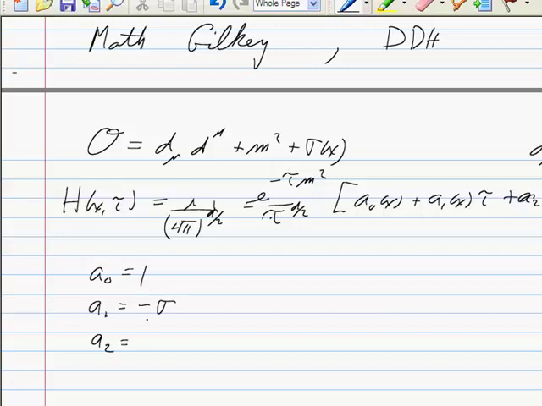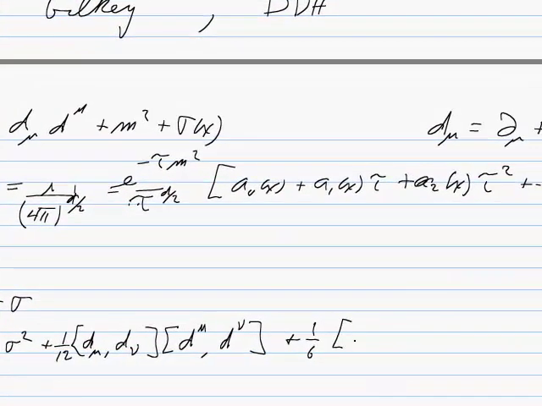a2 is 1/2 sigma squared plus 1/12 D mu commuted with D nu, D mu commuted with D nu, plus 1/6 D mu commuted with sigma.